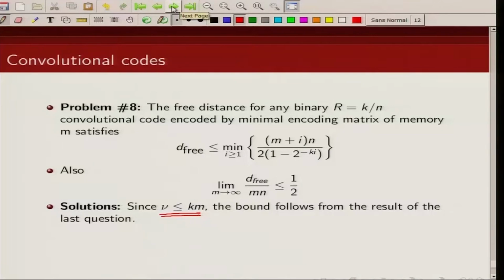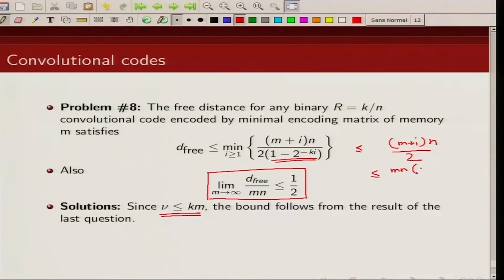Now, how do we get this expression? We know that this term is less than 1, and so this we can just upper bound by (m+l)n/2, and if I take m and n out, this will be (1 + l/m) times mn/2. So, d_free/(mn) would be upper bounded by (1 + l/m)/2, and if we let m go to infinity, l/m will go to 0.